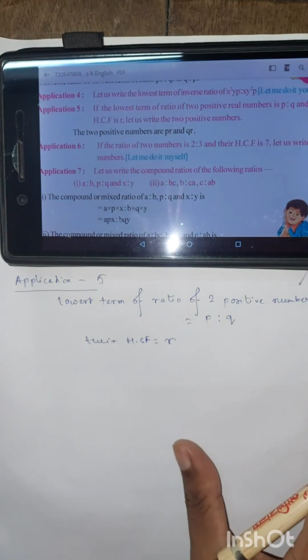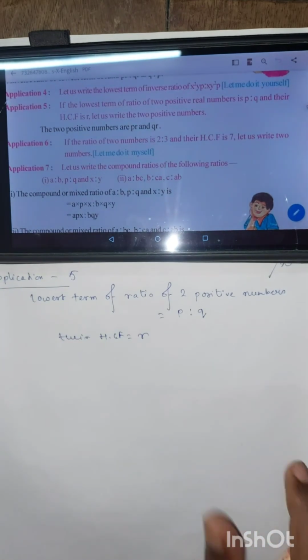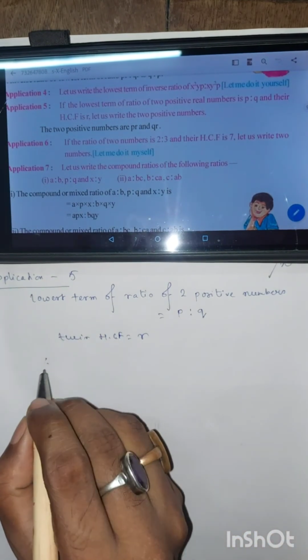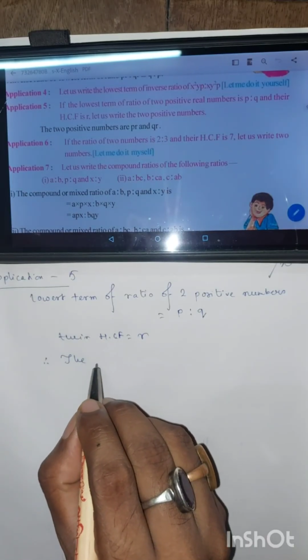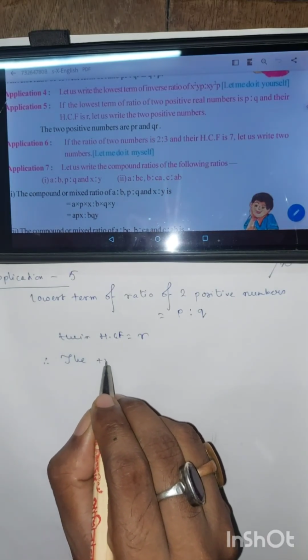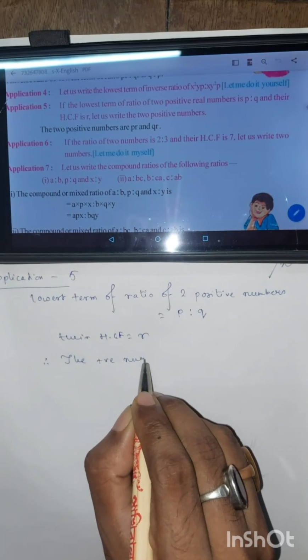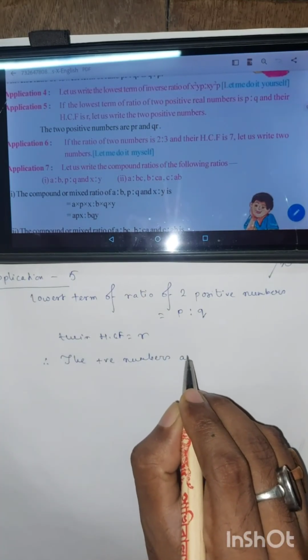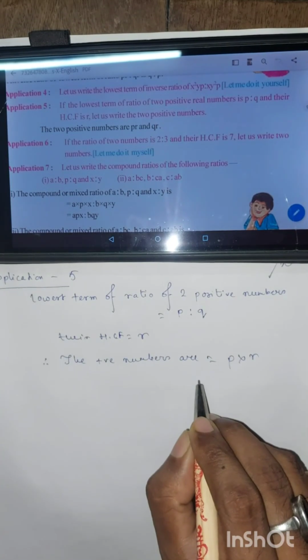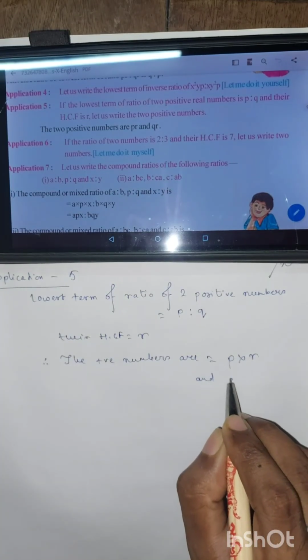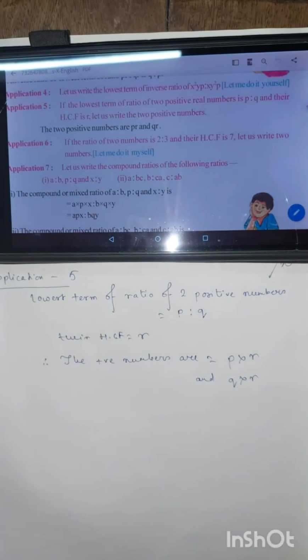Therefore, the positive numbers are P into R and Q into R.